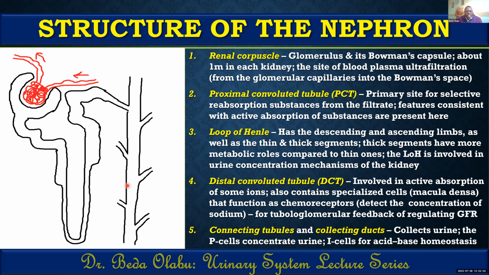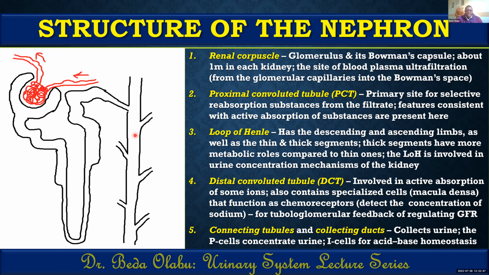Remember the cells of the collecting ducts, two types. The P cells are largely for homeostasis of water and ions, and that will help in urine concentration. Remember, urine concentration is a mechanism of water conservation. The I cells, on the other hand, are responsible for acid-base homeostasis.